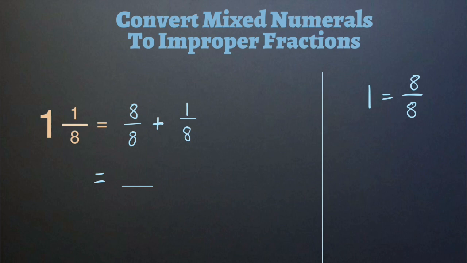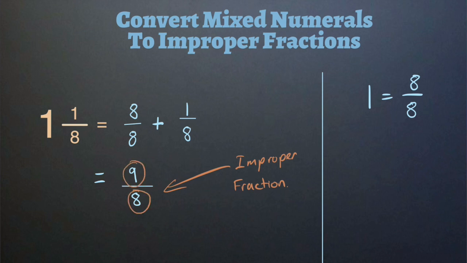So I'll just put that in. I know it's going to be something eighths. And if we've got 8 plus 1, we know that's 9. So we've got 9/8. And this is what we call an improper fraction. The reason it's an improper fraction is because the numerator is bigger than the denominator.